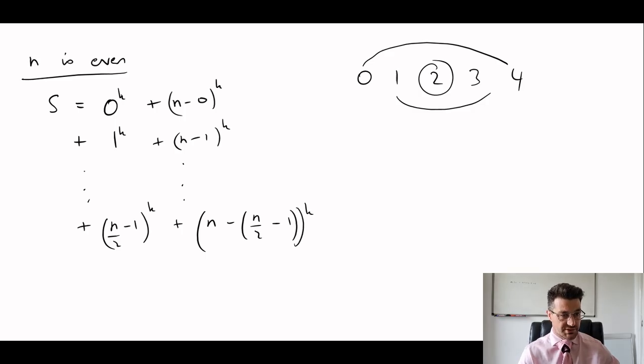So it's not (n minus 1) over 2, it's n over 2 minus 1, just to be clear. And then finally, if we think about 0, 1, 2, 3, 4, 2 is just n over 2. So we get on its own n over 2 to the power of k.